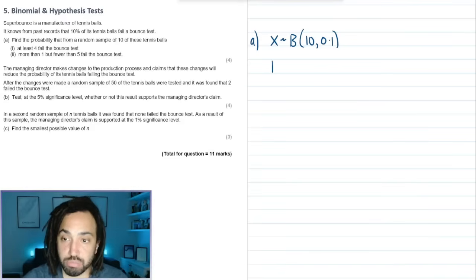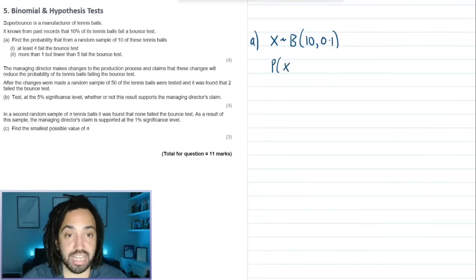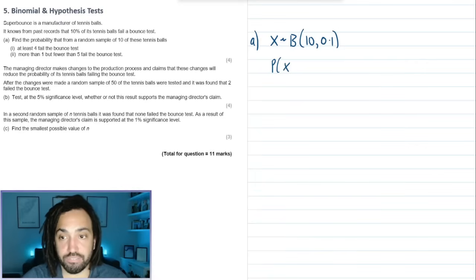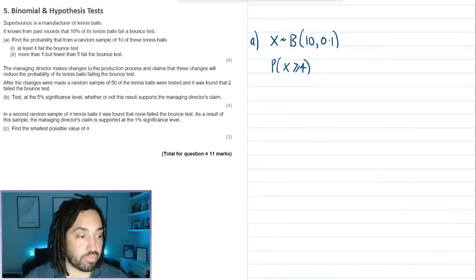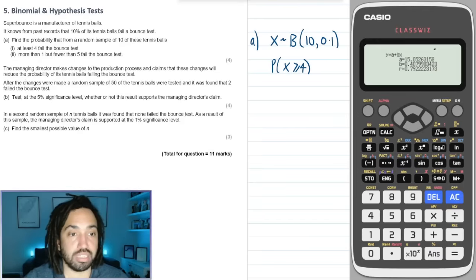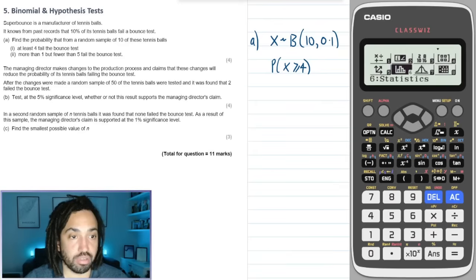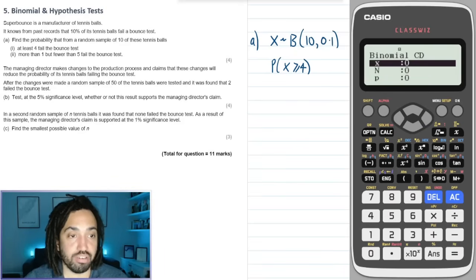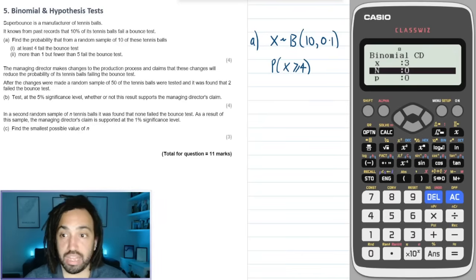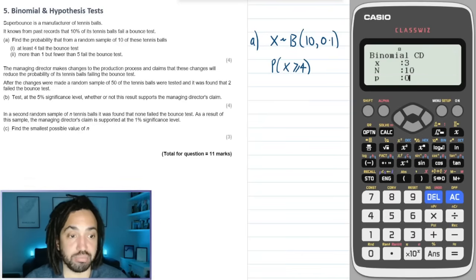Okay, so I need to find the probability that X is at least 4, so that means we want X greater than or equal to 4, like so. I'll go to my calculator to do that, and we will need to go to distribution, binomial CD, variable, and we actually need x to be 3, n to be 10, and p to be 0.1.